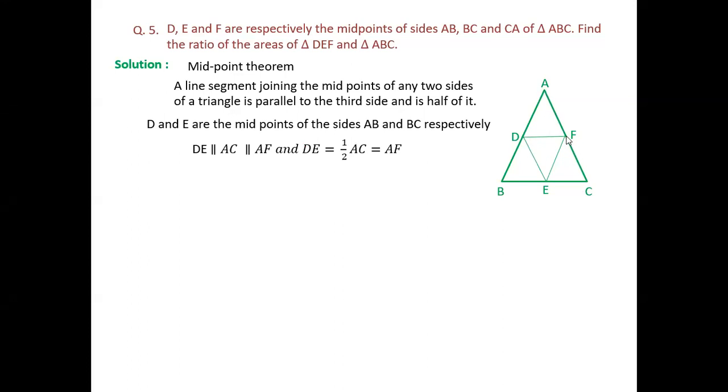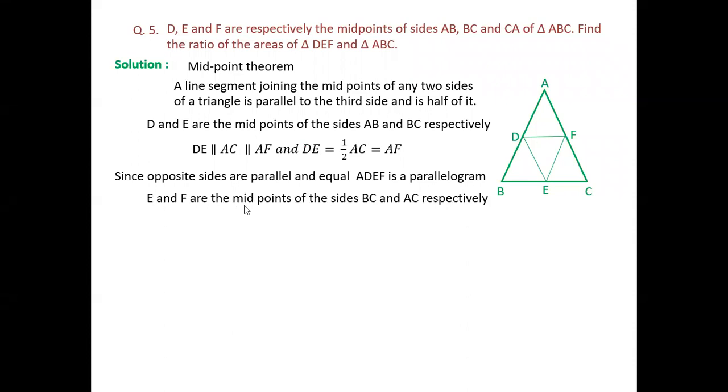F is a midpoint, so half of AC is nothing but AF. Therefore, DE is equal to half AC, which is equal to AF. That means this side and this side are equal and they are also parallel. Since opposite sides are parallel and equal, ADEF is a parallelogram.